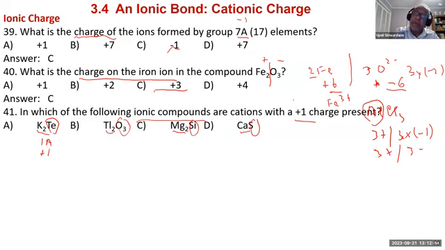This should be group 4A or somewhere there. This is group 2A. You can look at the periodic table. That's 2A. Therefore, the 1A element which makes positive 1 is only potassium. So the answer is A. That's how you figure out the cationic and anionic charge in a given formula.